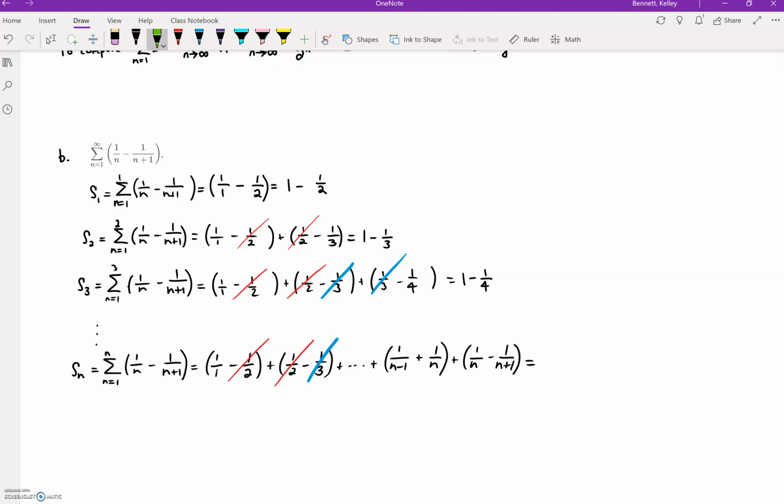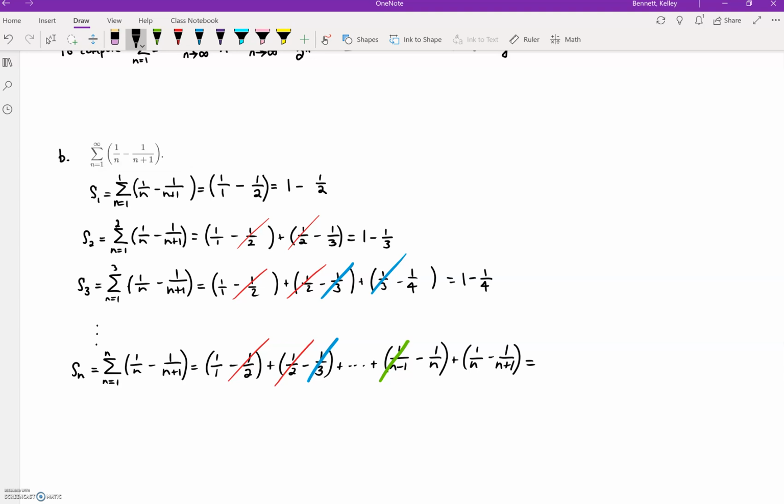And then we're also going to have 1 over n minus 1 canceling out with something within the dots. And then we're also going to have, there we are. I was like, I'm missing something. This is a minus sign.